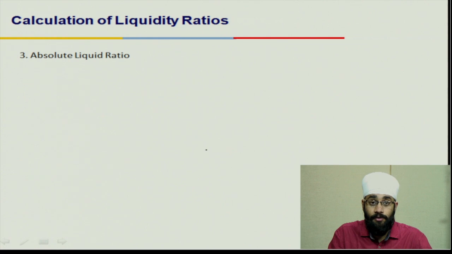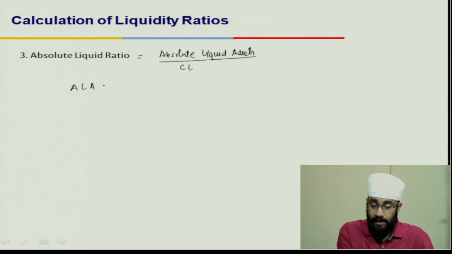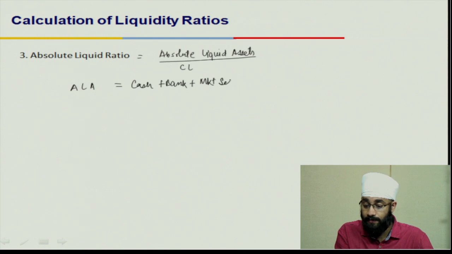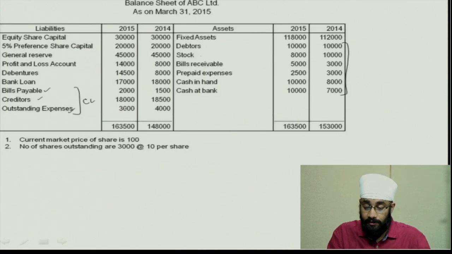Let's now look at the absolute liquid ratio, in which we will calculate the ratio between absolute liquid assets and current liabilities again. Absolute liquid assets are equal to cash plus bank plus marketable securities. Now, marketable securities are the securities or investments which can be readily converted into cash. In this case, we do not see any item of marketable securities in the balance sheet.